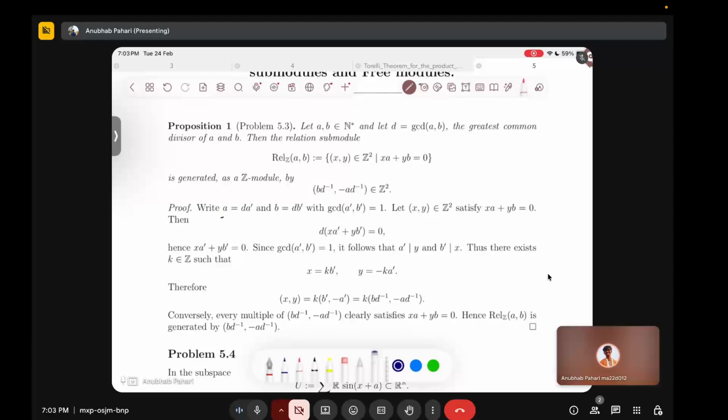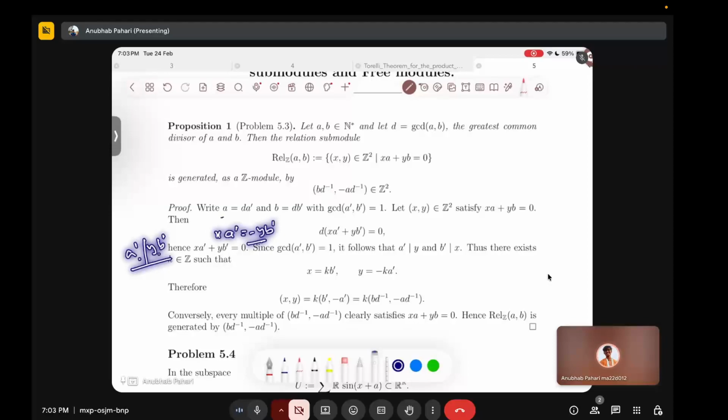it follows that a prime divides y and b prime divides x. How does this follow? This would imply x a prime equals minus y b prime. Now you see that a prime does not divide b prime, but a prime divides y b prime.